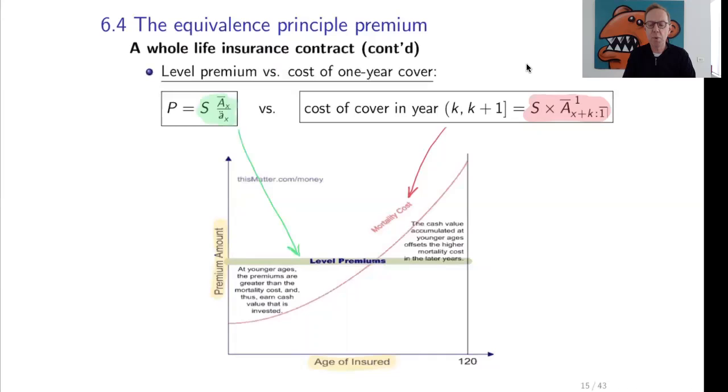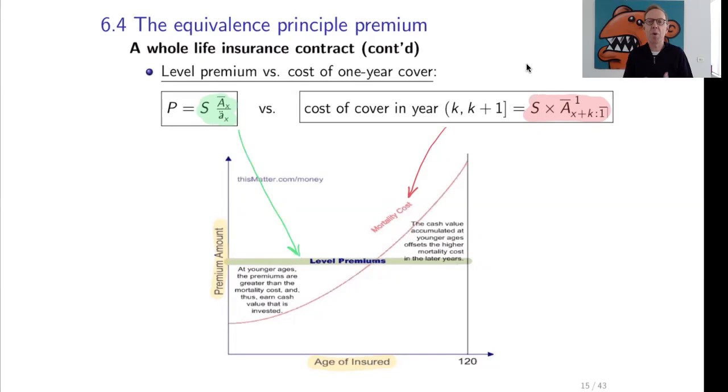But let us now assume that I want to fund this life insurance cover in another way. I will pay from year to year the cost of the life insurance for that particular year. So for instance, if I am in year k+1, at that time I have age x+k, and I take the price.